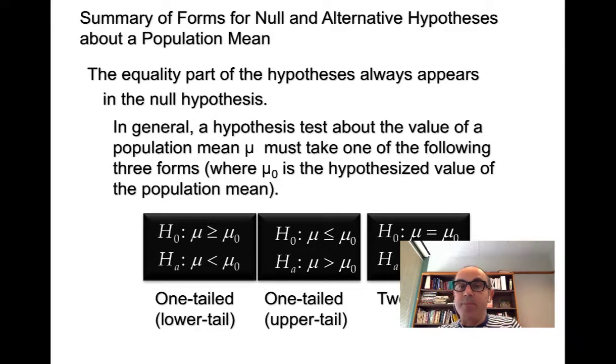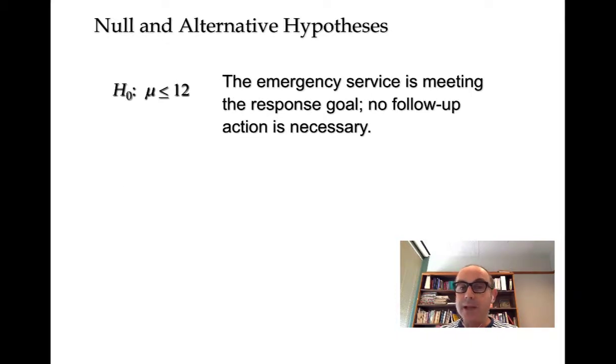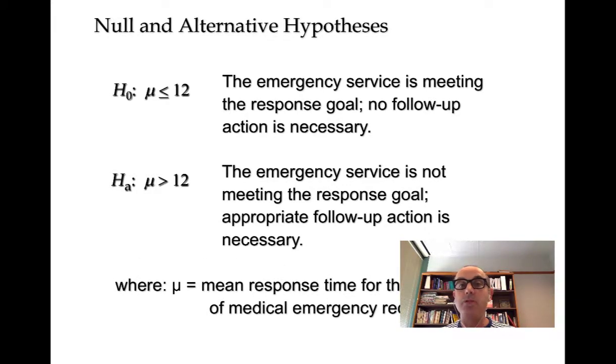But I'll also demonstrate the one tail and the two tail with the example from R, because again, my objective is that you will have a broader vision of what the hypothesis is all about. So again, let's take an example with the mean. The emergency service is meeting a response goal. No follow-up action is necessary.